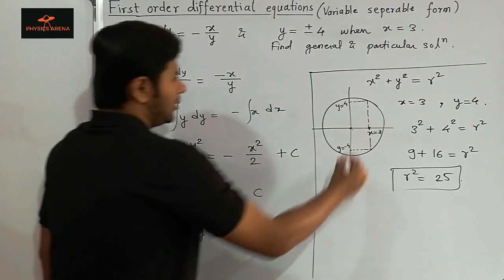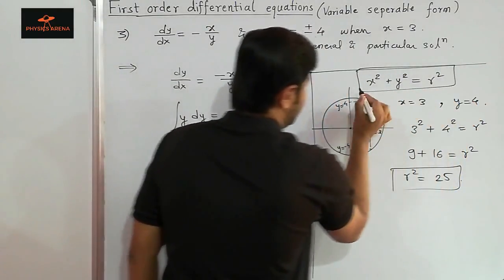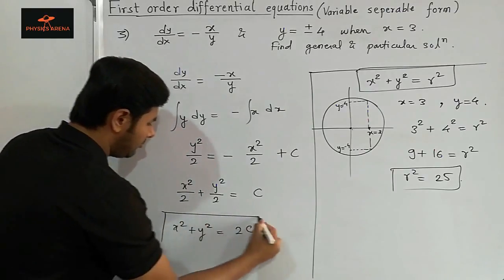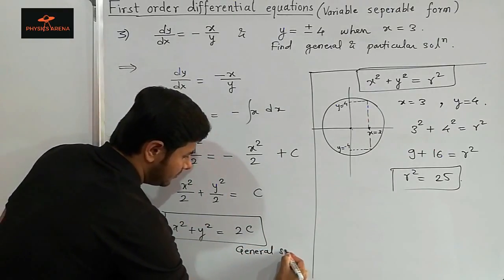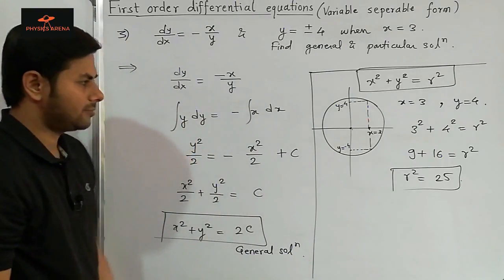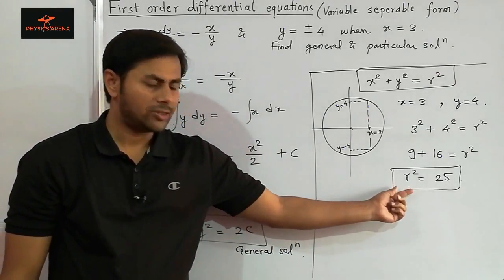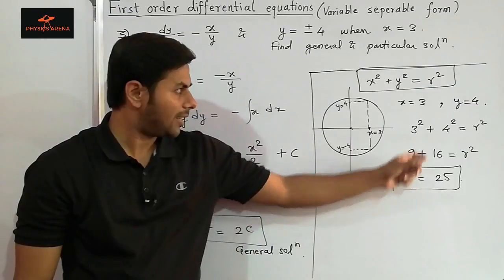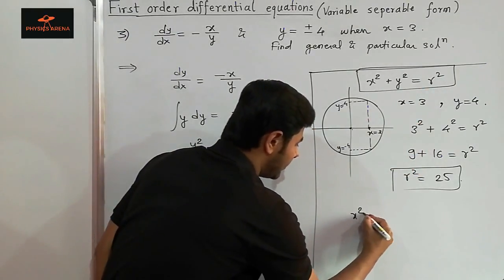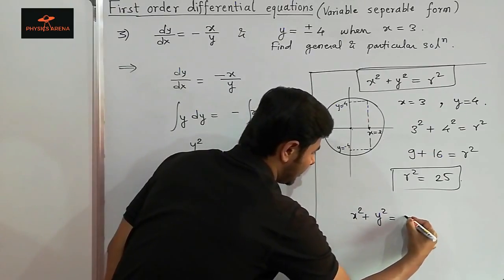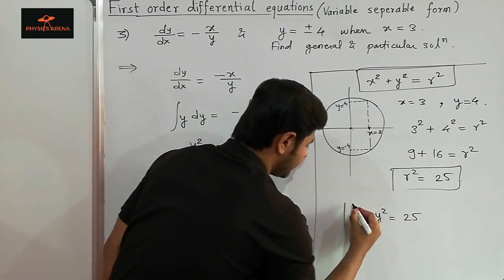Okay, so this one or this one is the general solution, and once we substitute this value of r square for 2c, we have x square plus y square equals 25.